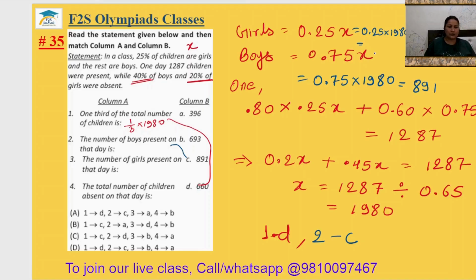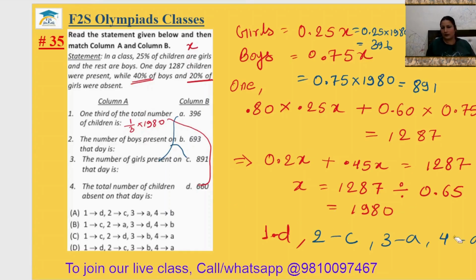This is equal to 396. It is in option A. Okay, so 3 will match with A, so definitely 4 will match with 396. Okay, so 4 will match with B.